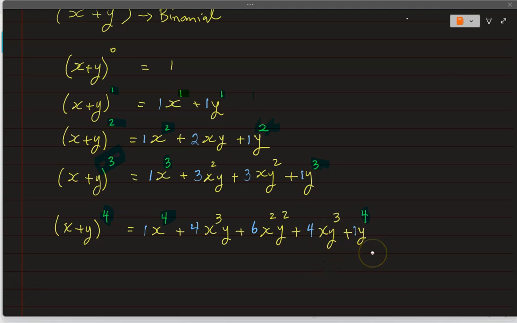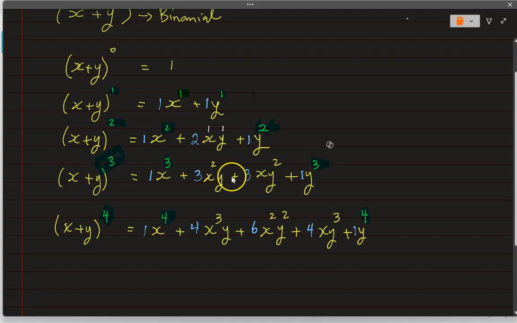The next thing that I need you to notice is that the highest degree of any of the terms in that expansion is always the original exponent or power. So this is exponent of 2 here, that's exponent of 2. The degree of this term right here is also 2. 1 plus 1 is 2.